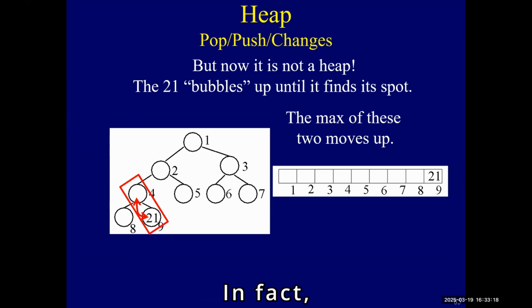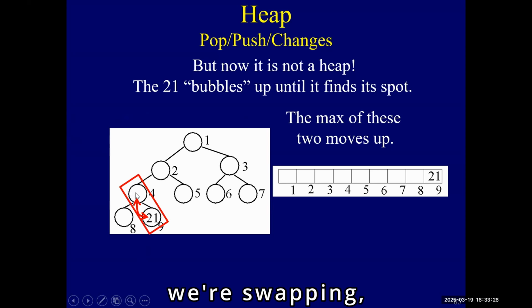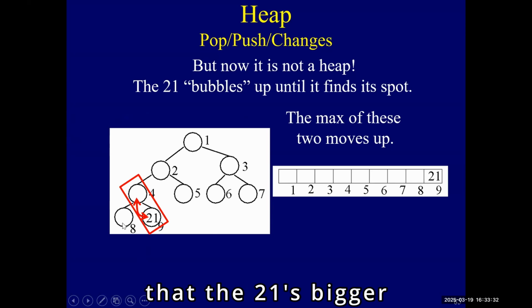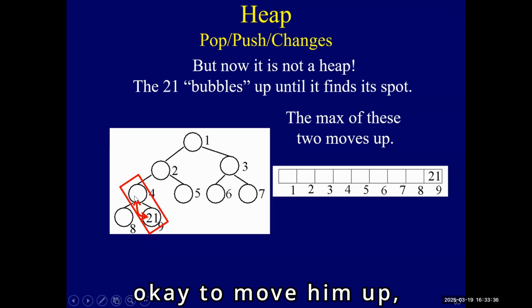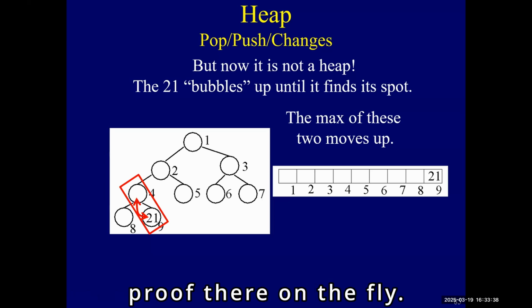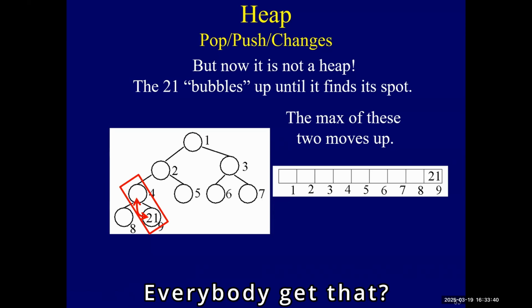In fact, here I panicked for a minute, but if 21 is bigger than this guy, we're swapping. This one we know is already heaped, so this one's bigger than this one, then it follows that the 21's bigger than this guy, in which case it's okay to move them up. I just did a little proof there on the fly. Everybody get that?